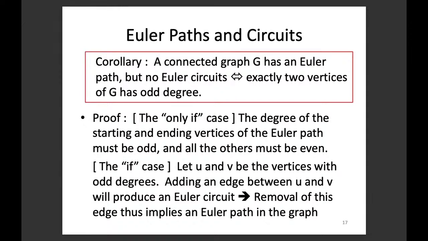So we have this corollary. A connected graph has an Euler path but not an Euler circuit if and only if every vertex has even degree, except that two of the vertices have odd degree. The two vertices having odd degree correspond to the beginning vertex and the ending vertex of this Euler path. Okay, so that's for the Euler path and Euler circuits part.